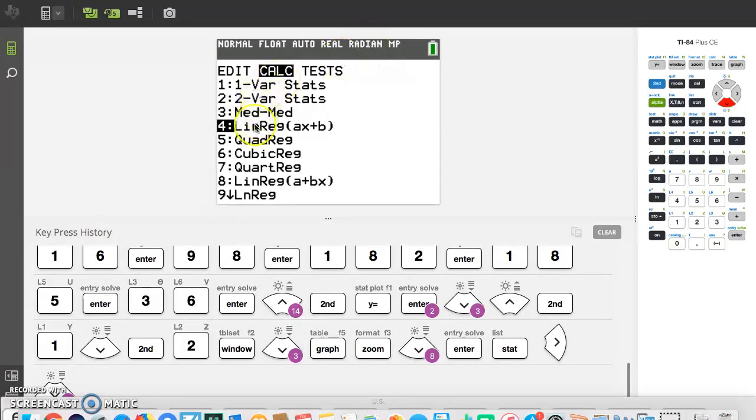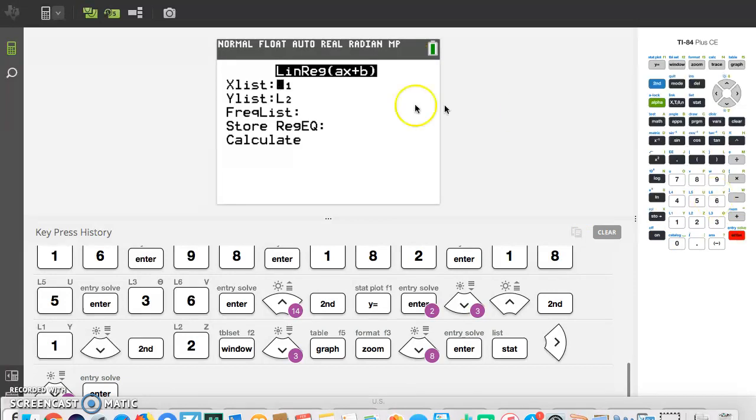So you want to go to linreg, which stands for linear regression. That's what we're doing. You want to press enter and make sure again that your X list is L1 and your Y list is L2. I'll pause it here, so make sure you're here, and then I'll do another video to finish the process.